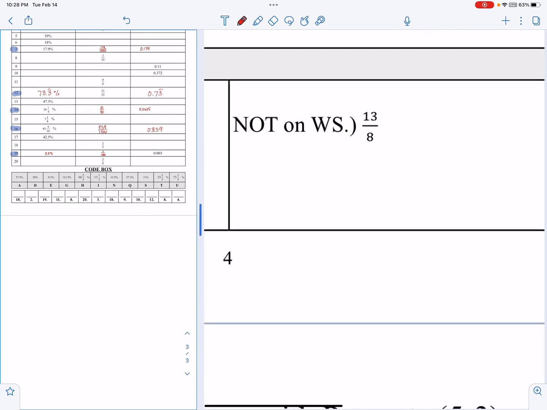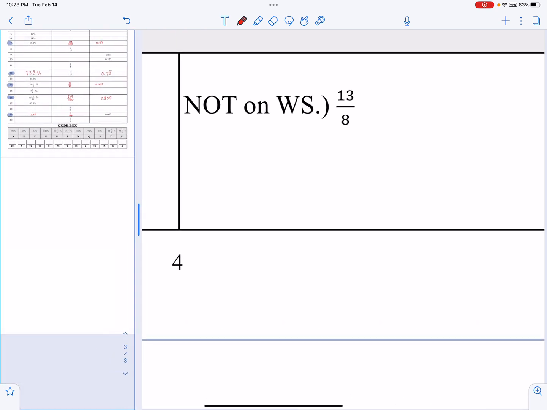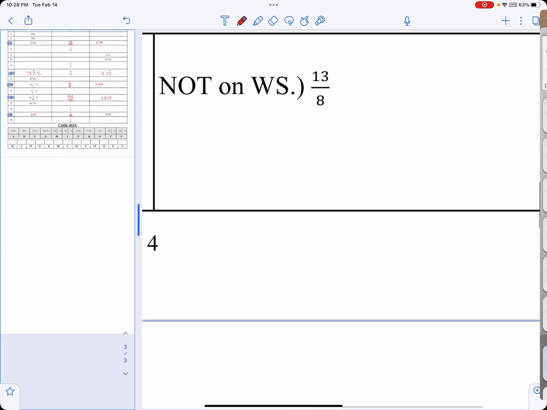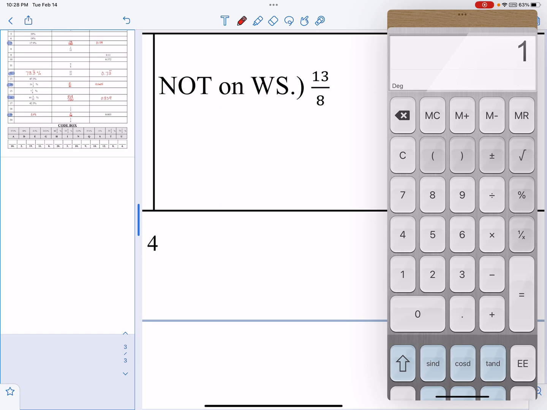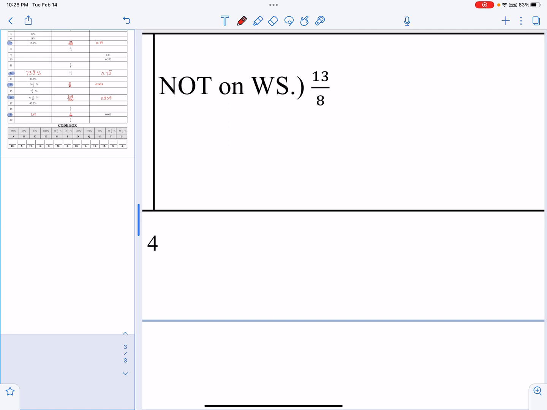Let's do this last problem, which is not on the worksheet. We've already done the long division before, so let's go ahead and do it on the calculator. So we have 13 divided by 8. That gets us our decimal, which is 1.625.